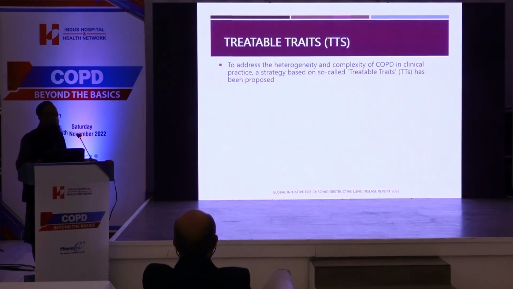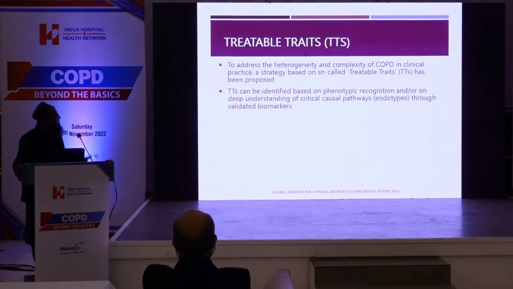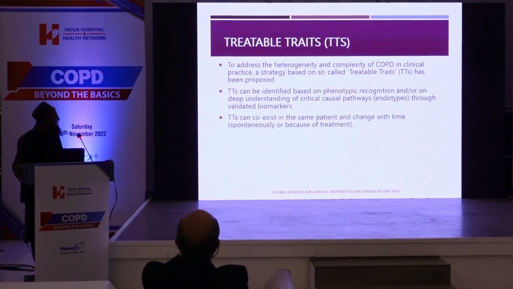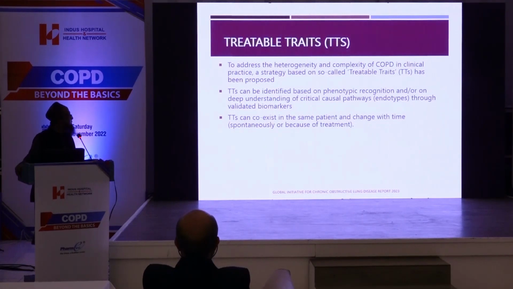It all depends on their phenotypes, their genotypes, as well as environmental factors, host factors, developmental things. So for now GOLD has defined two phenotypes, treatable traits. One is exacerbation based and one is symptoms based or dyspnea based.